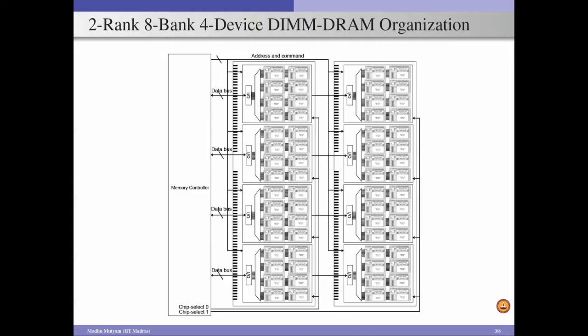In the address generated by the memory controller, there is 1 bit dedicated for rank select. We select a particular rank based on that bit, and then, based on the bank ID, because here there are 8 banks, we dedicate 3 bits to indicate which bank we want to access.